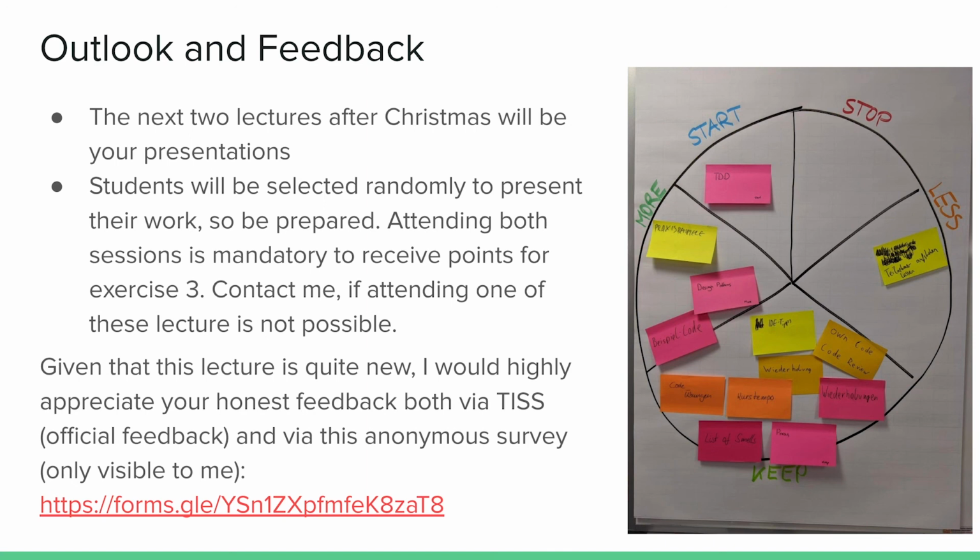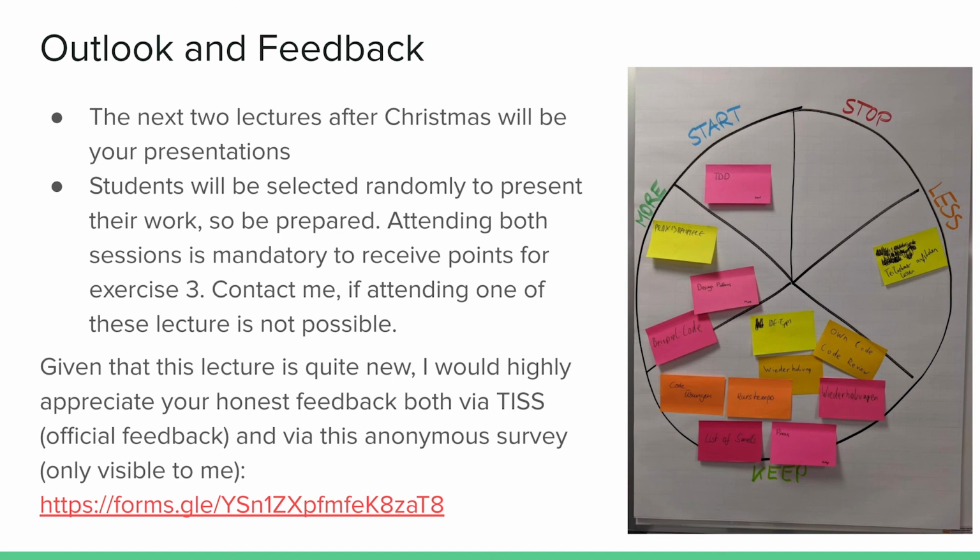Given that this lecture is quite new, I would also highly appreciate your honest feedback on it, because I want to give you a good lecture and I want to improve this further for the years to come. What I also do in the clean code courses that I give is this diagram that I put up on a flip chart, and I created a Google Forms that resembles this. What I basically want to ask you all is to think about these 5 regions of the diagram, which contain start, stop, more, less, and keep.